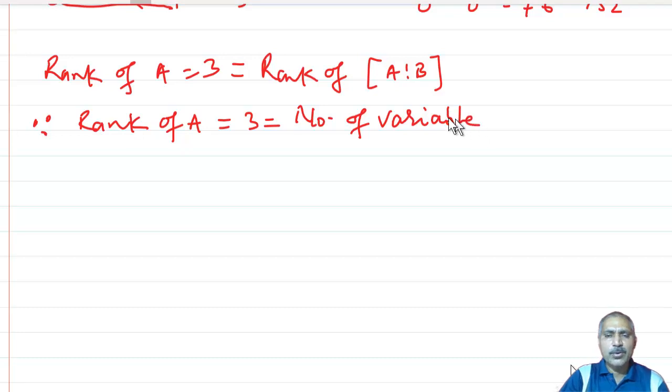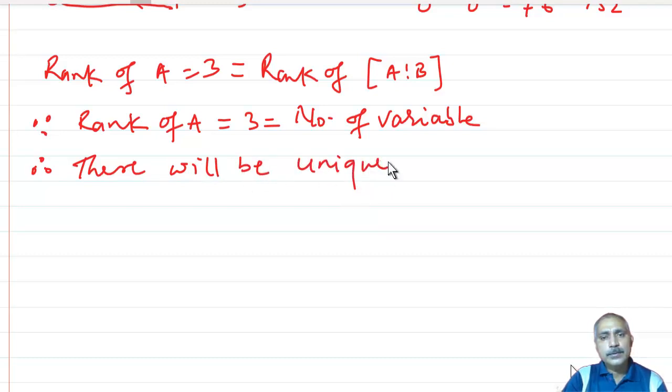Now if we look at the question, we had 3 variables, one is x, other is y, third one is z. So the rank is 3, the number of variables is also 3, therefore there will be a unique solution. Is it clear?